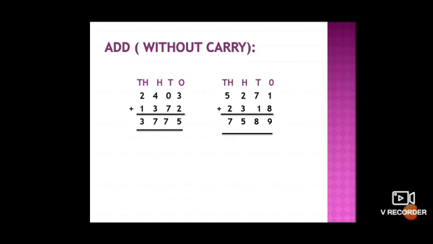And the last place, thousands. 5 plus 2 gives you 7. So the answer is 7589. Okay, children. The same way as we added 3-digit numbers, we have added our 4-digit numbers also.